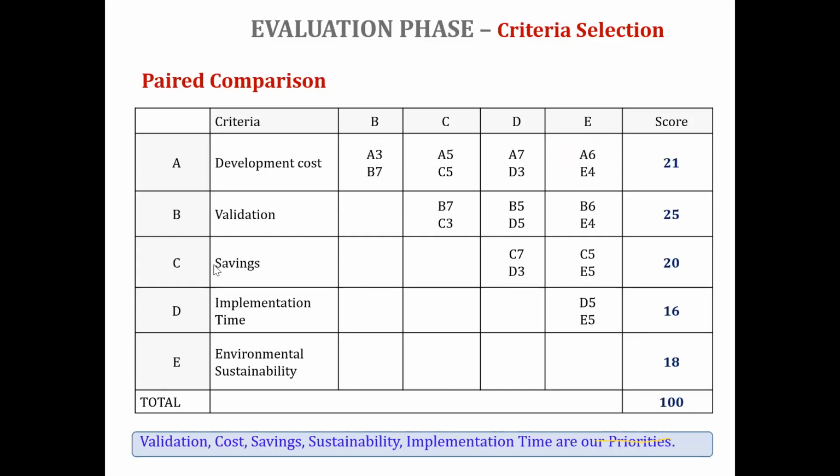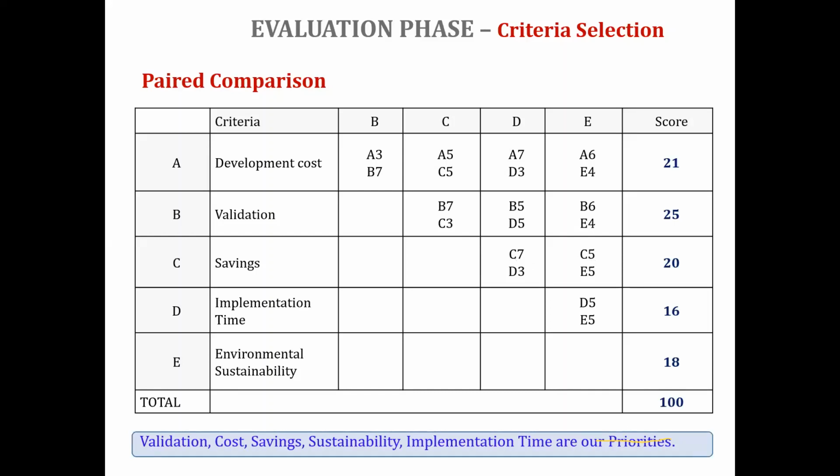Now the C category for savings, C 3 and C 7. Okay. Now we have to go with the C category, right? C having 5 plus 7, 12.